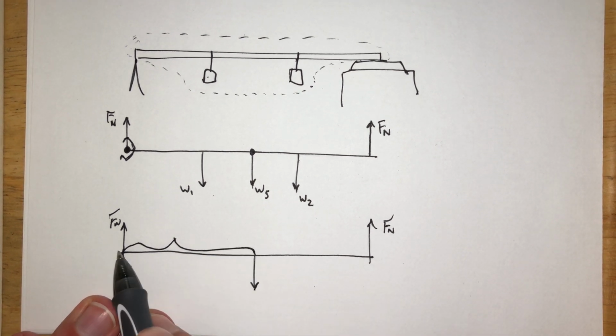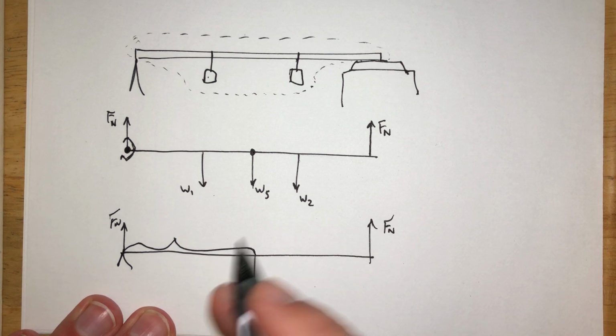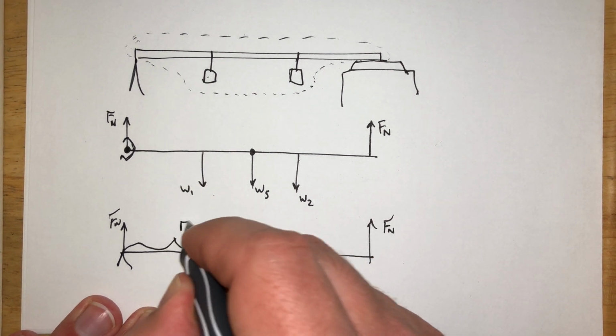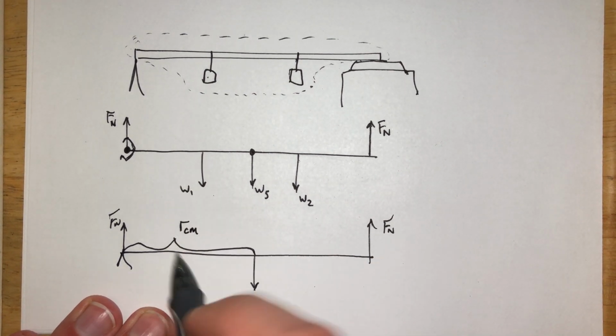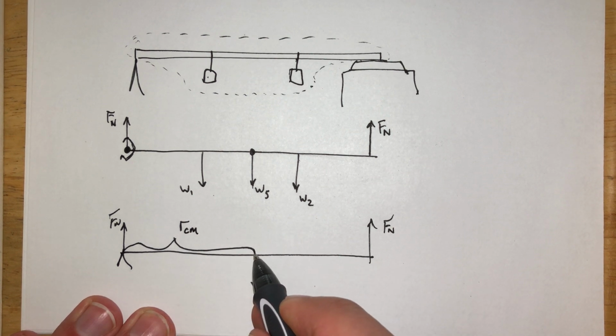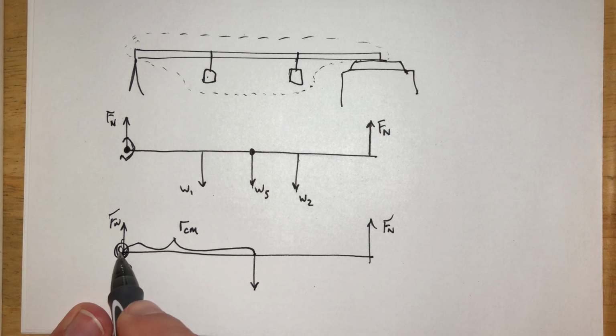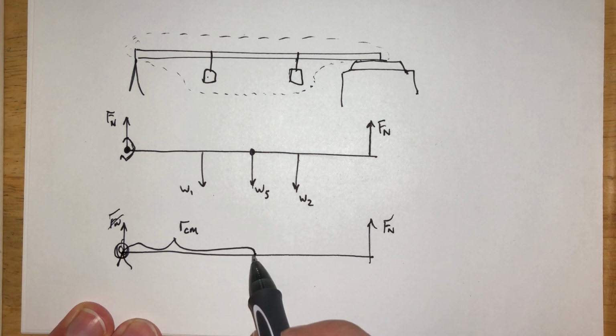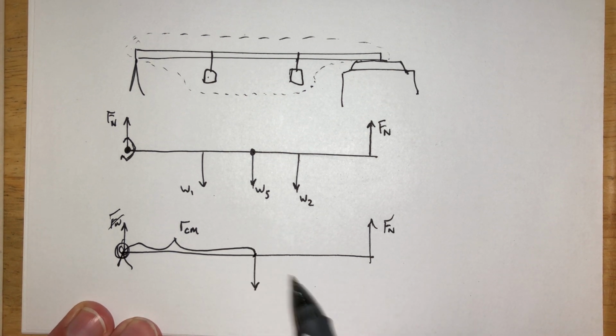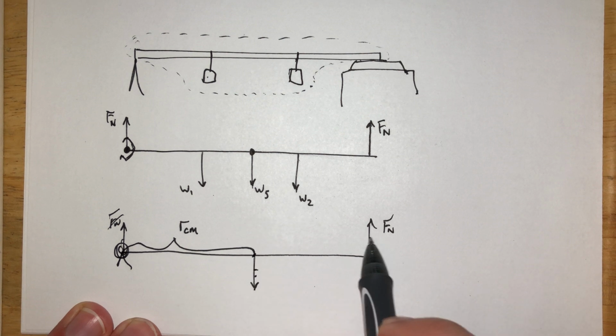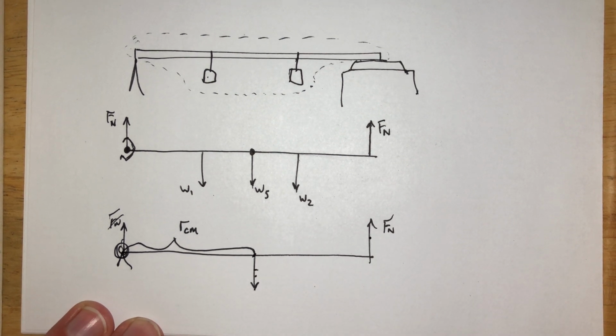So from one end, it doesn't matter which end you pick, we can talk about the distance of the center of mass of the system away from, if we pick this one again as the axis of rotation so that we don't need to know that force, the distance from the axis of rotation to the center of mass of the system. And these two forces are the forces that we need to talk about in our torque equation.